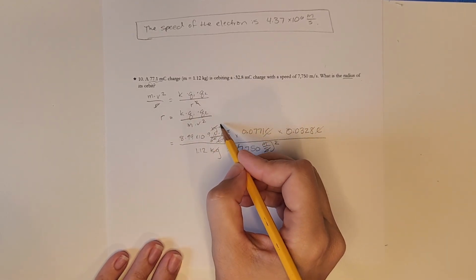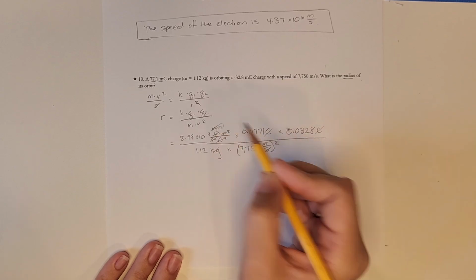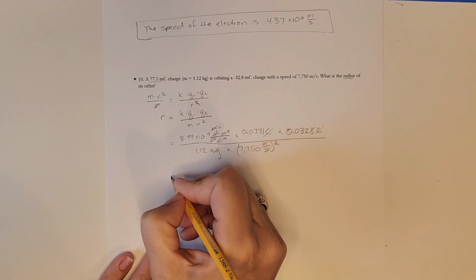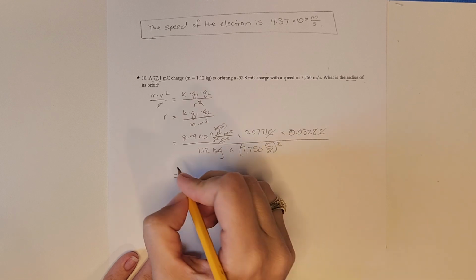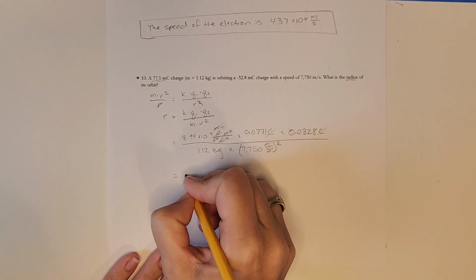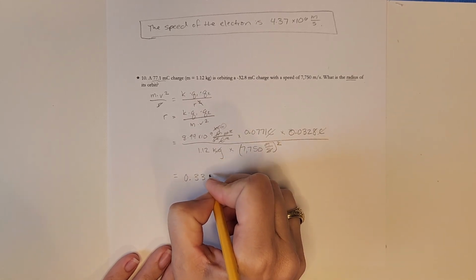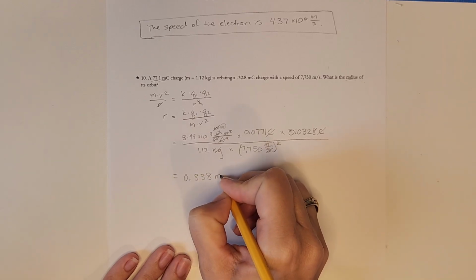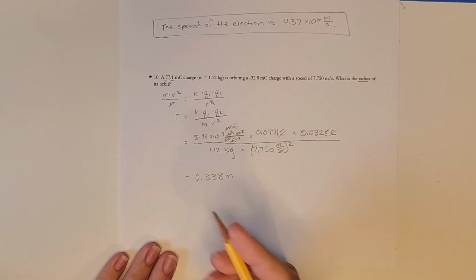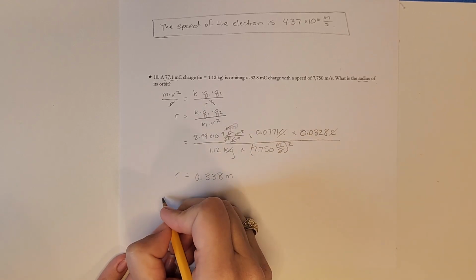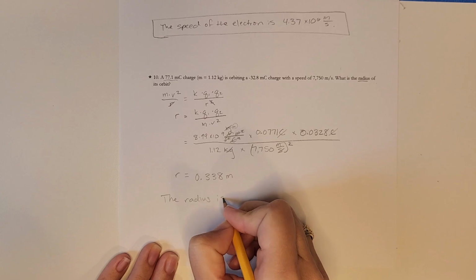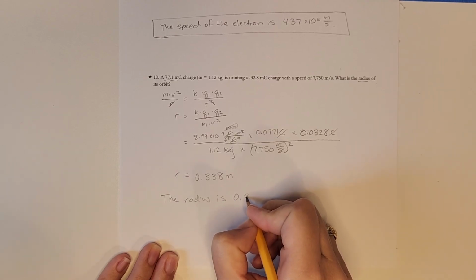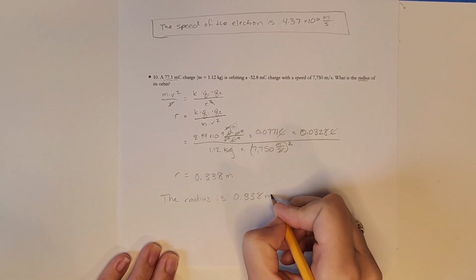And so we will be left with just meters. So again, plug all these numbers into our calculator, and our output should be 0.338 meters. Radius is 0.338 meters.